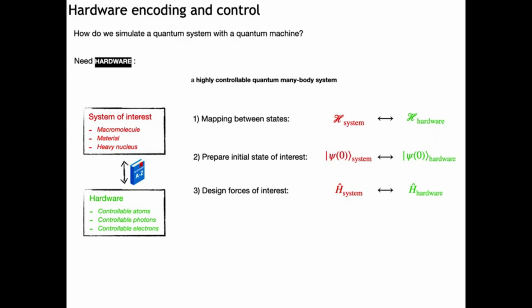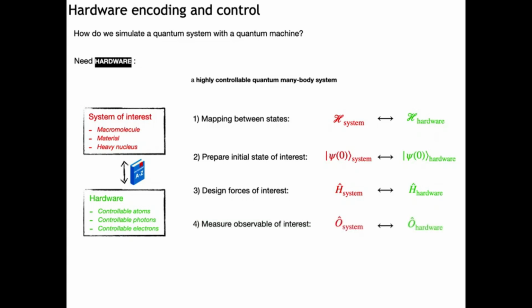The interactions are described by a Hamiltonian. Our hardware has some native Hamiltonian, and what we need is to tweak the hardware Hamiltonian in such a way that it reproduces the Hamiltonian of the system of interest, right? So this is not easy also in principle.